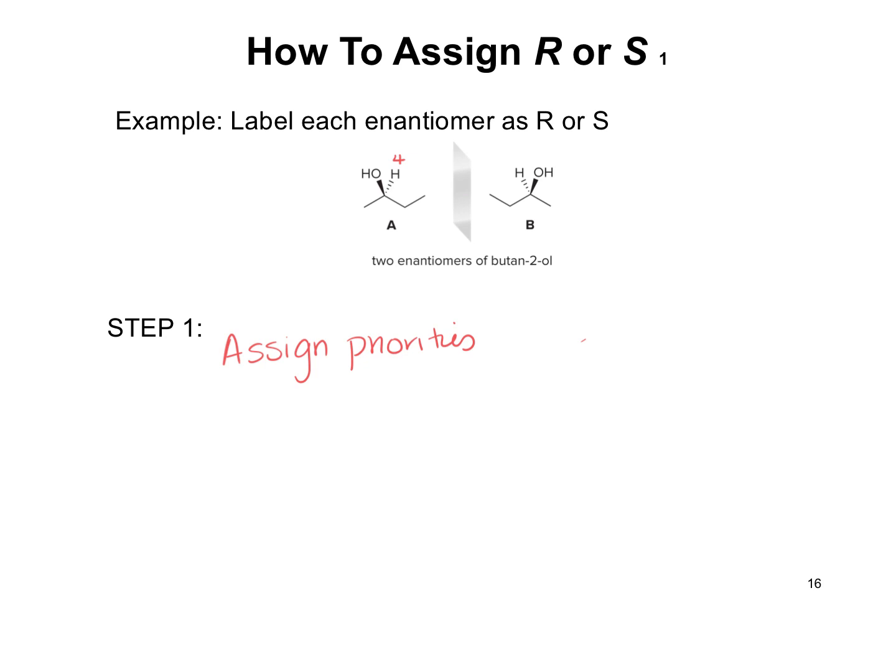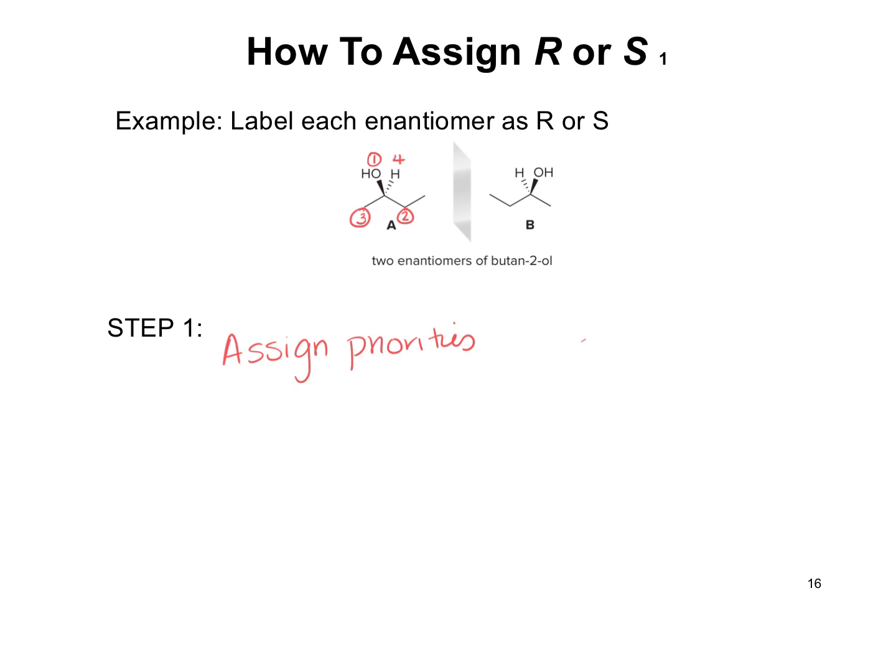The oxygen is 1. Both of these are carbon. This carbon's bonded to 3 hydrogens. This carbon is bonded to another carbon and 2 hydrogens. So it's going to end up being 2, and this will be 3. And so those are our priorities that we've assigned.